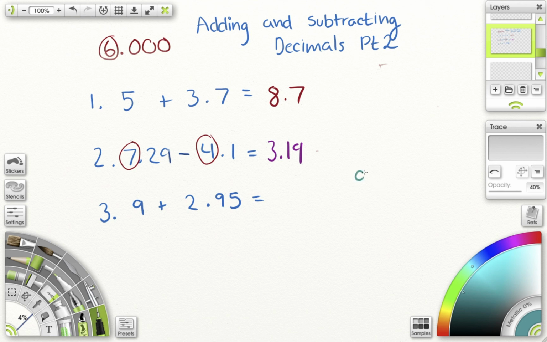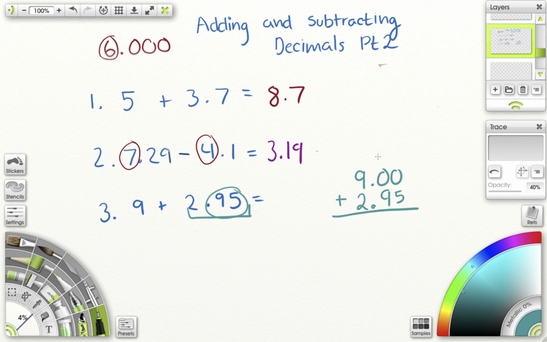I'm going to put 9, except you see how this 2.95 has 2 numbers after the decimal? So I'm going to put a point and I'm going to put 2 zeros in place there. So I have 9.00. That way, when I put 2.95, I can put 2 down here, line up my decimals, and have 9.00 and 2.95.